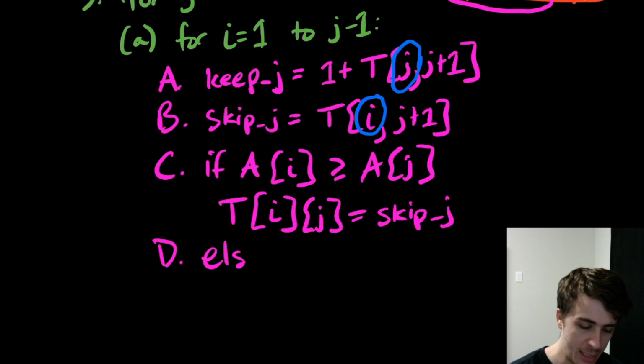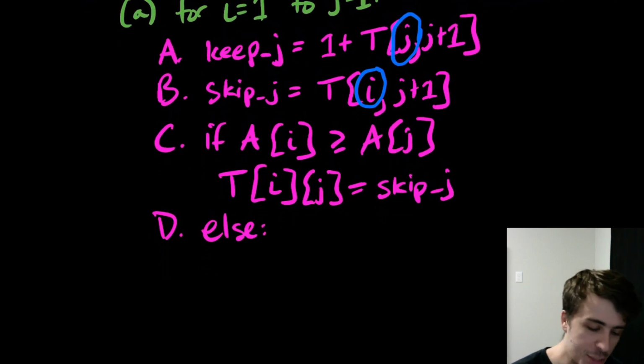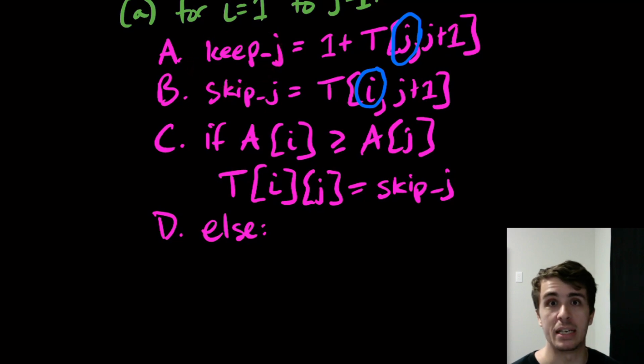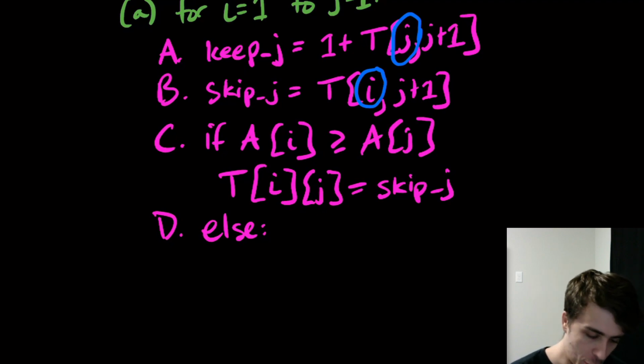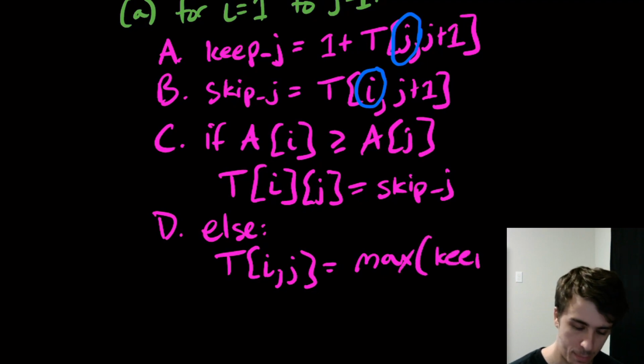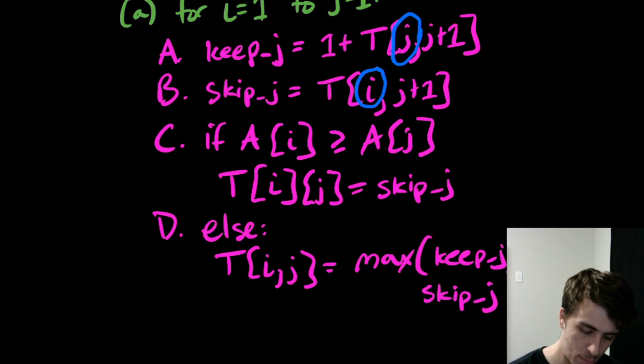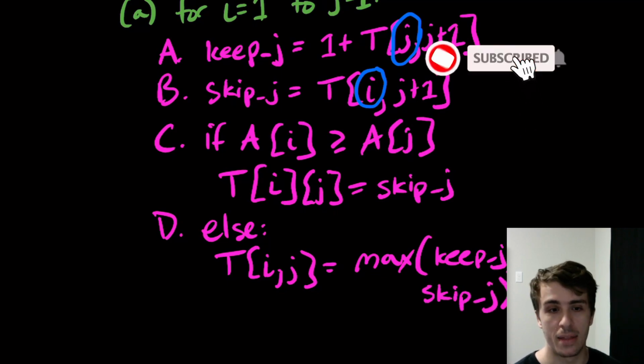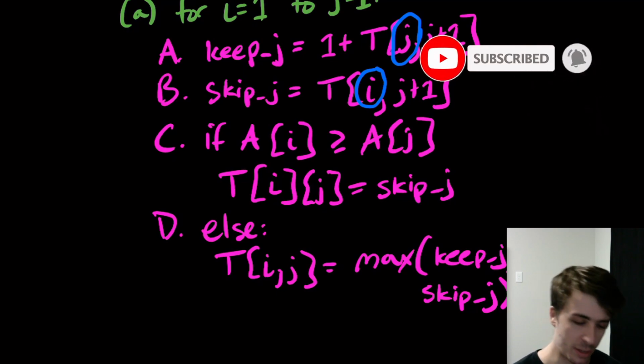Otherwise, we're going to look at the maximum of the two. Remember that recurrence we did where we looked at the maximum of whether we kept index j or we skipped it. So here, T of i, j is going to be the maximum of keep j and skip j.